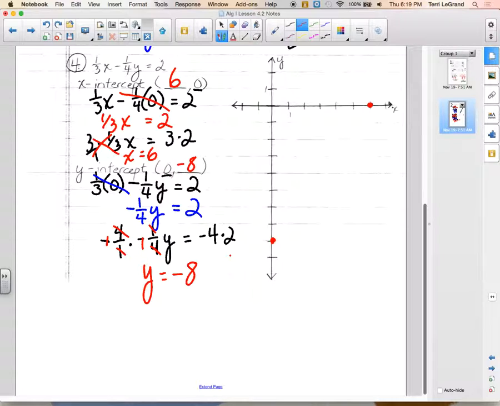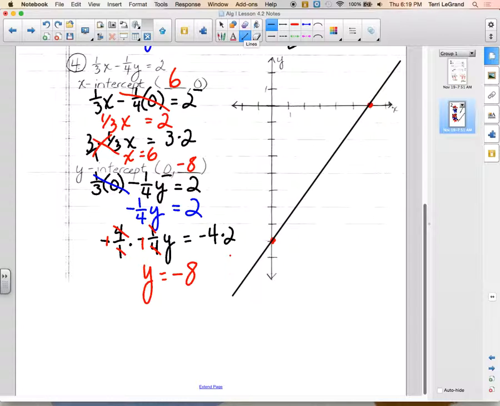Okay, and again, we're going to draw a line going through those points and show that it is continuous by not just stopping at the points, but going through our coordinate plane and putting arrows at both ends of our line, showing it goes on continuously forever.